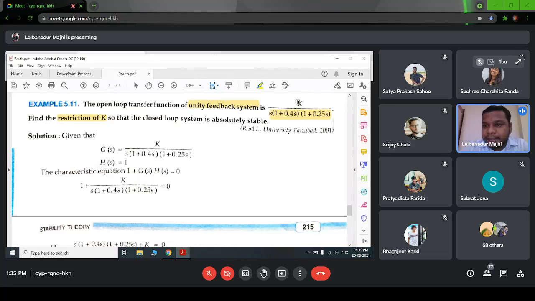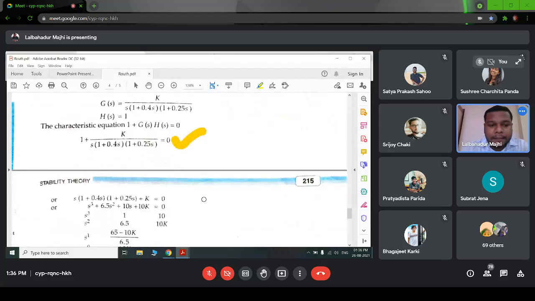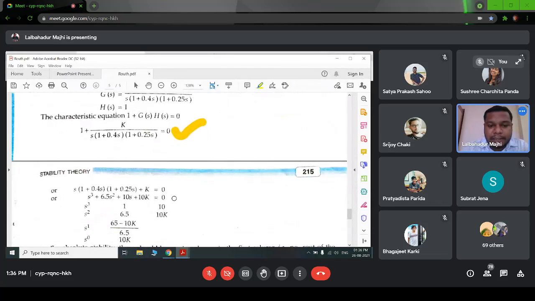This is our G(s), and H(s) is unity, that is 1. So we can write 1 plus G(s) into H(s) equals 0. This is our characteristic equation. Then we have to solve it, so we will get the final one: s cube plus 6.5 s square plus 10s plus 10K equals 0.